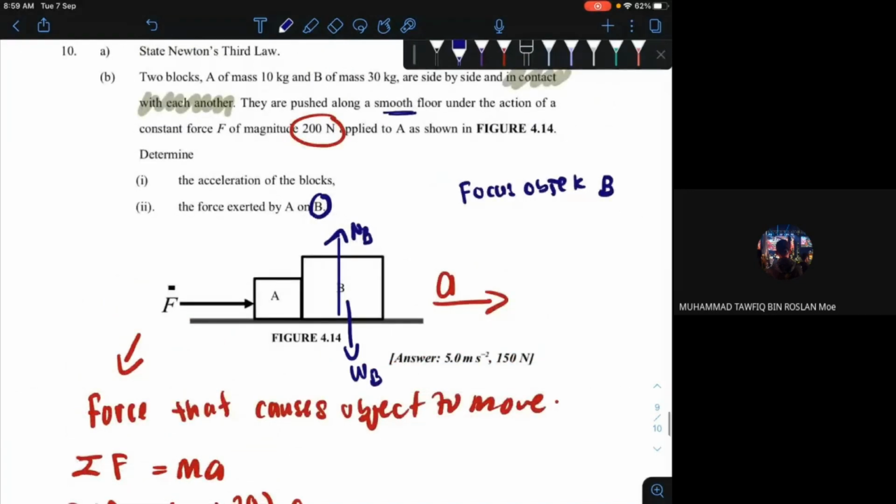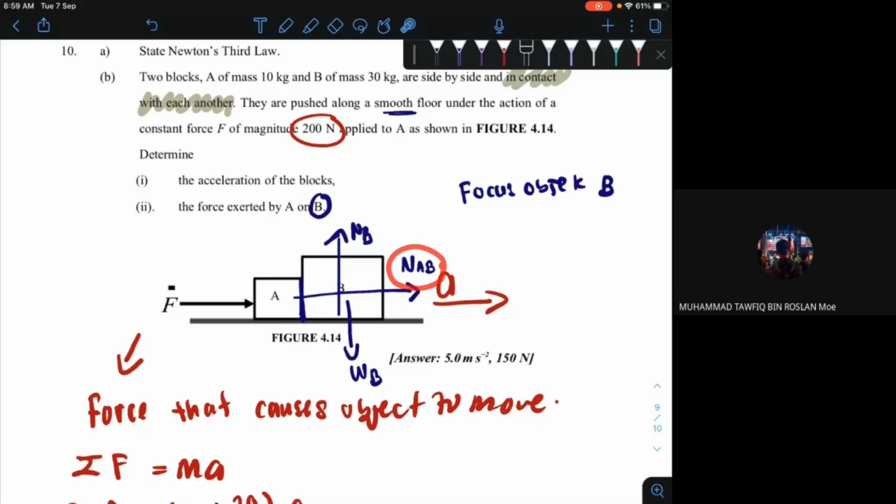And then apa yang jadi adalah this box, A and B are touching each other. So A ini akan exert normal force A on B. Okay, so basically soalan tadi ini.